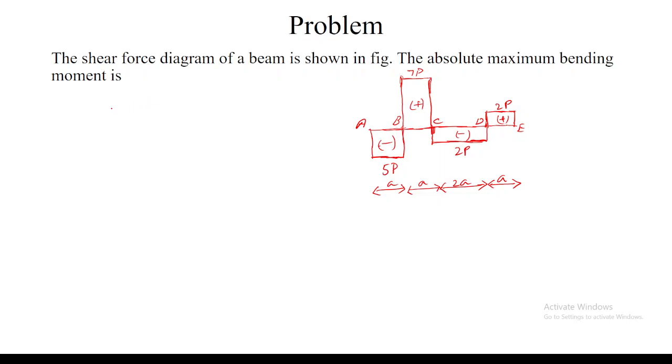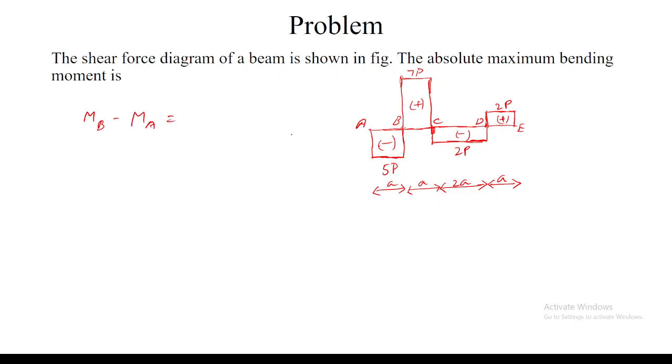Yes, sir. Okay. So how to find the bending moment at B? Any idea? 5P into A. Yeah, it is 5P into A. So what is the concept which you have used in solving this problem? dM by dx equals V. Yeah, dM by dx is equal to V, which means I'm calculating the area of the shear force diagram, and I'm writing that the difference is equal to the area of the shear force diagram.